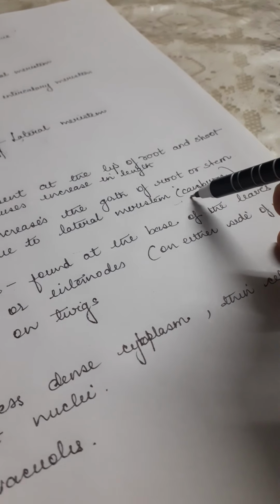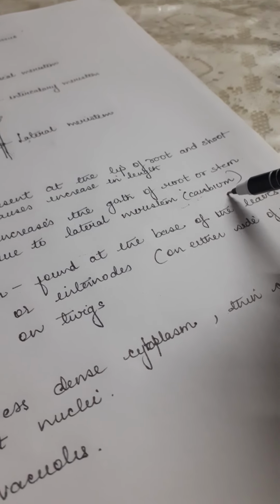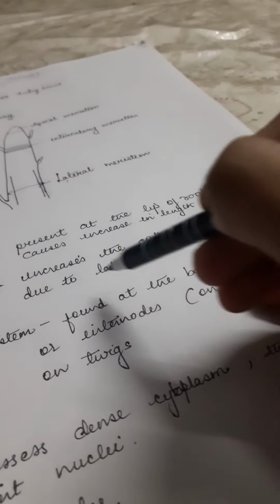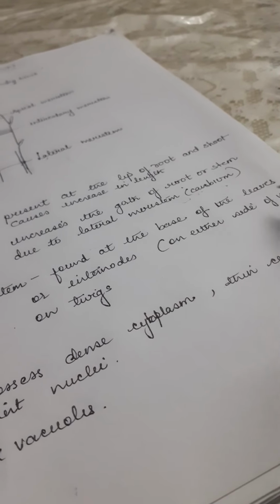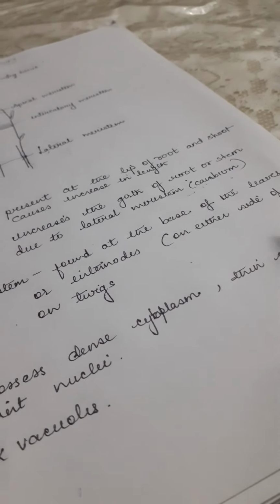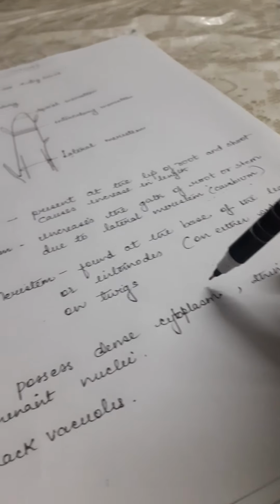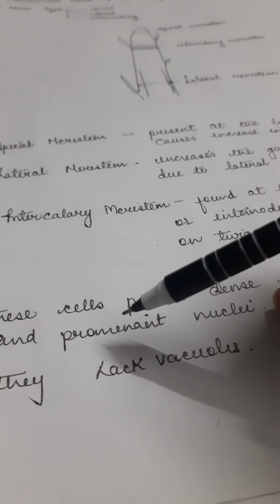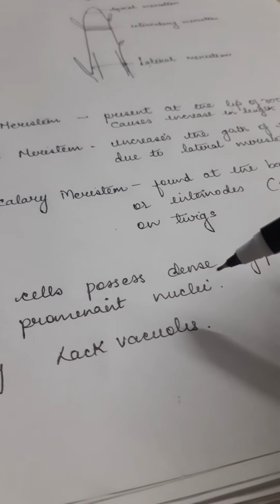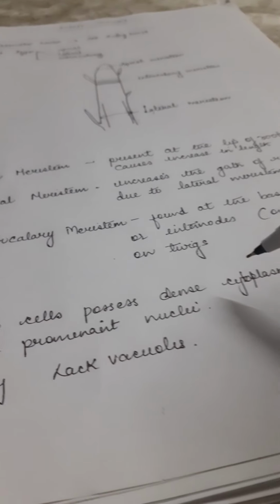This lateral meristem has been given a term, cambium. Okay, so cambium is responsible for lateral growth. Then you have intercalary meristem. Intercalary meristem is found at the base of the leaves or internodes, that is, on either side of the nodes on twigs.